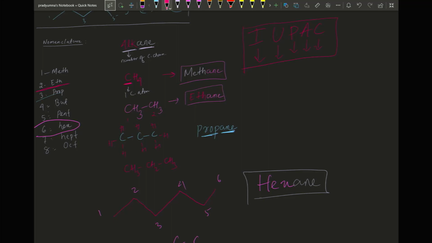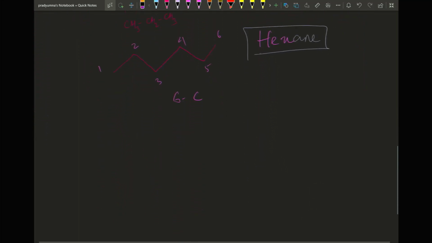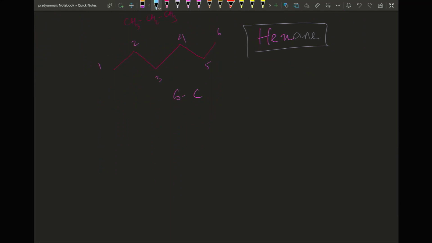That would be pentane. People sometimes ask this as a systematic name. We have a nickname for most of the common compounds. So if you're asked for the IUPAC name or systematic name, you should follow this pattern. Hexane.